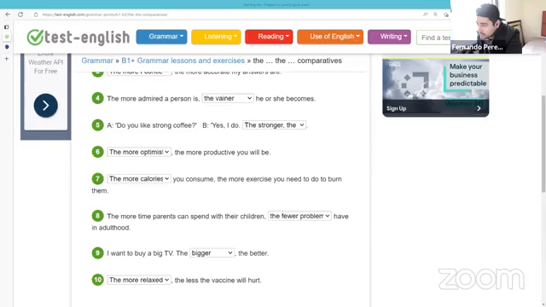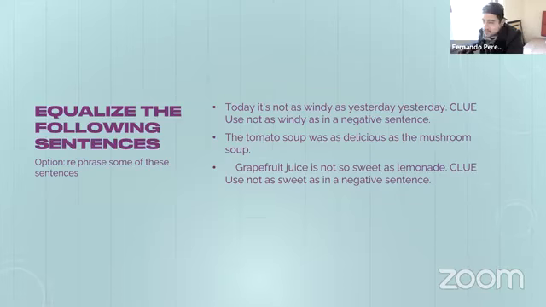I want you to equalize the following sentences. We have 3 sentences here. I want you to rephrase the sentences in order that it makes sense.